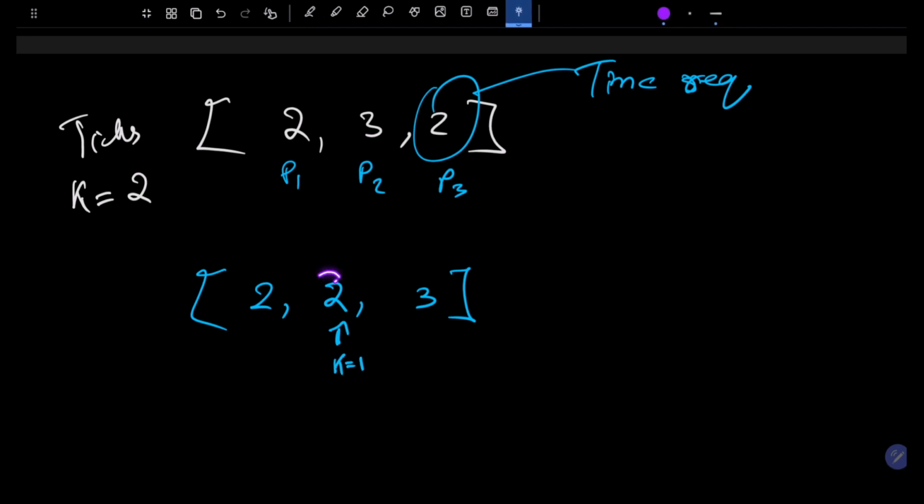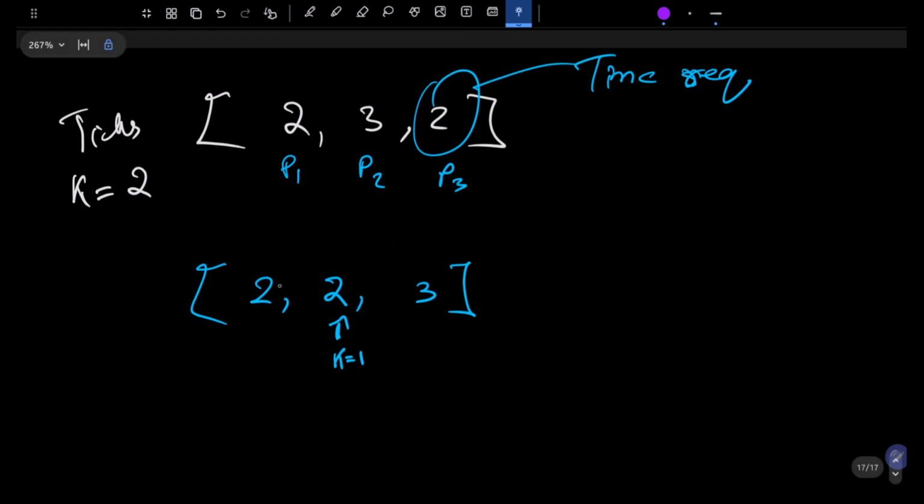Now I'm saying a person coming before can buy exactly K tickets, but a person coming after this position can buy one ticket less than this, because if they buy exactly K, they just need to buy one more ticket. One will come, buy one ticket, this will come, buy one ticket, this will come, buy one ticket.